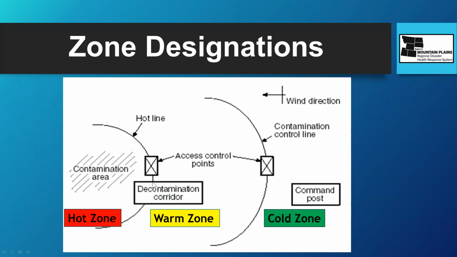We then create our decontamination corridor into the warm zone where personnel will conduct that decontamination. These personnel will be wearing appropriate PPE for their role. And then once again, we have a line of demarcation for the warm zone, and nothing that is contaminated gets beyond that until it's been decontaminated.